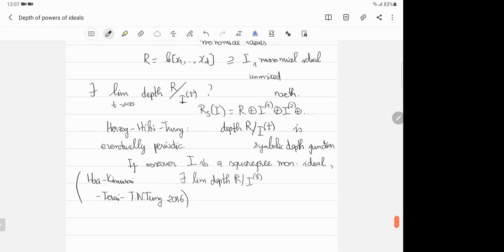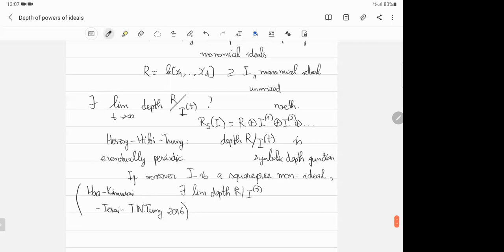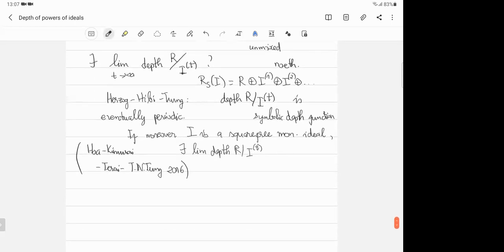So actually what we will do today is show that in general this limit need not exist, so the symbolic depth function can be really periodic.